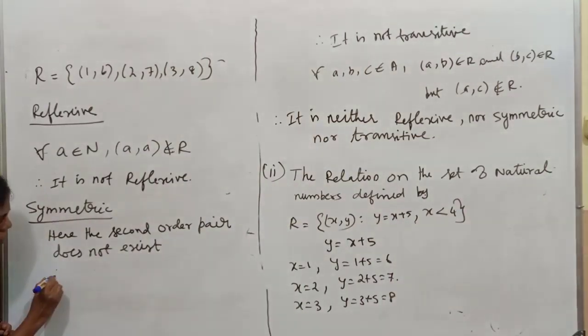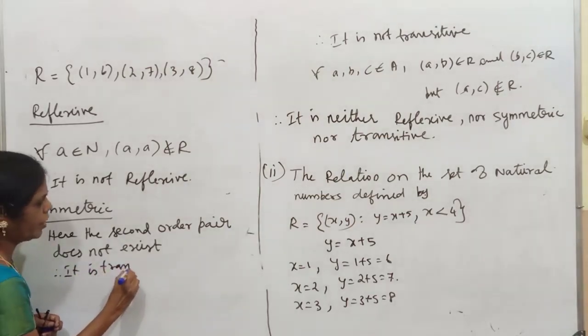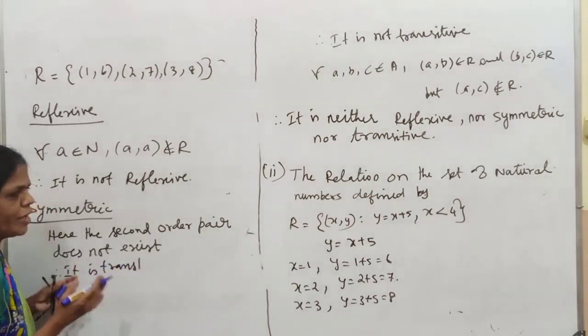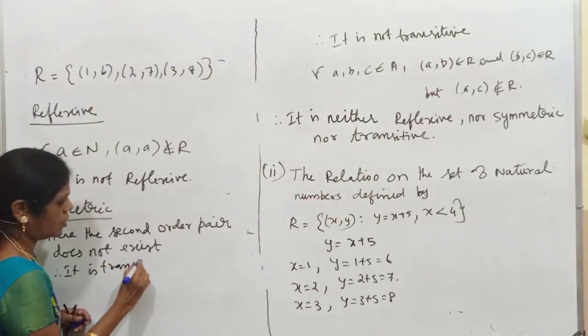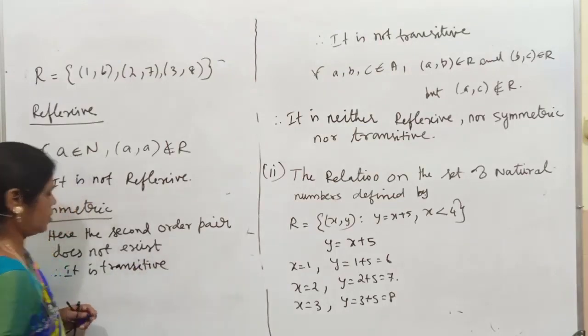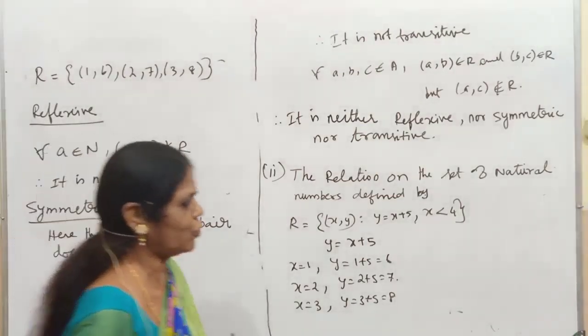You have to say that, therefore, it is transitive. Whenever the second ordered pair does not exist, it should be considered as transitive. So remember this point. I gave one example yesterday also.